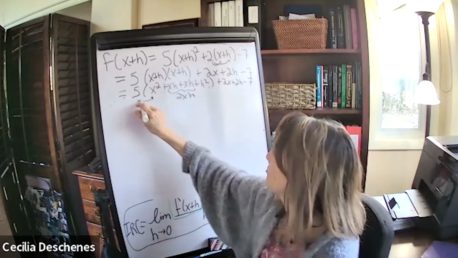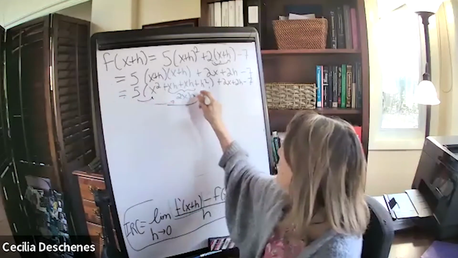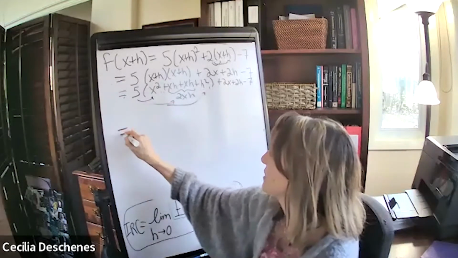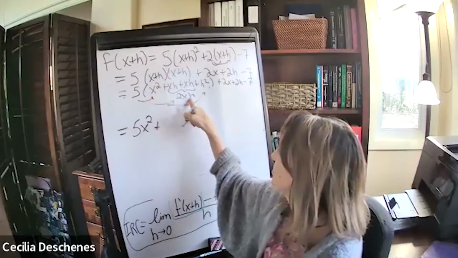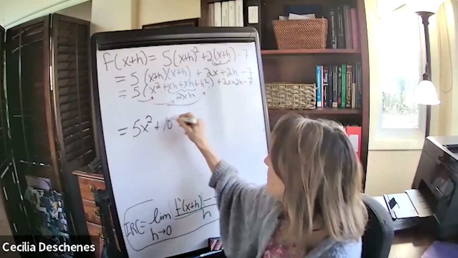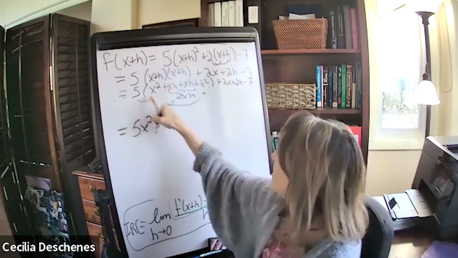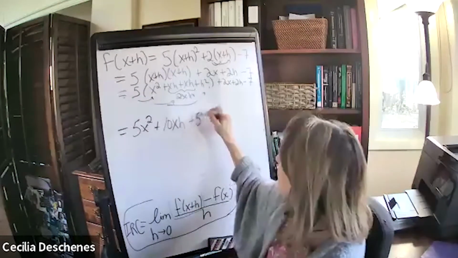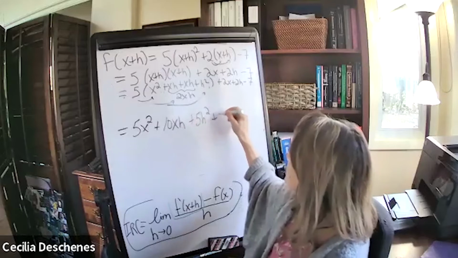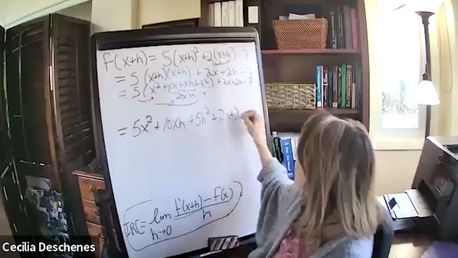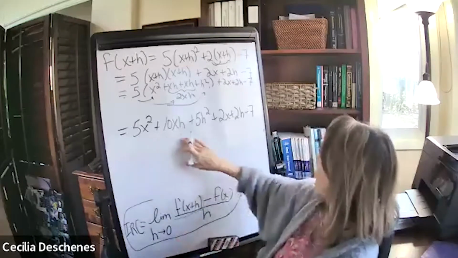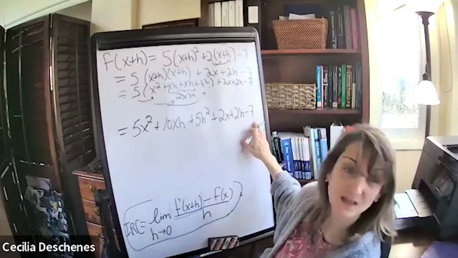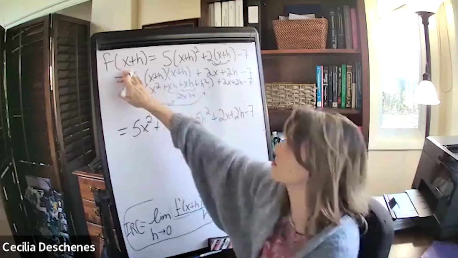So we're going to distribute the 5 inside this parentheses, and we're going to get 5x squared plus 5 times the 2 like terms here, so that's 10xh, 5 times this h squared, plus 2x plus 2h minus 7.